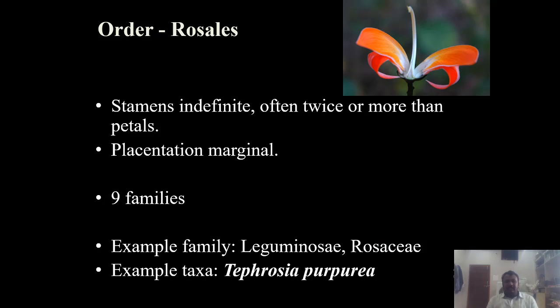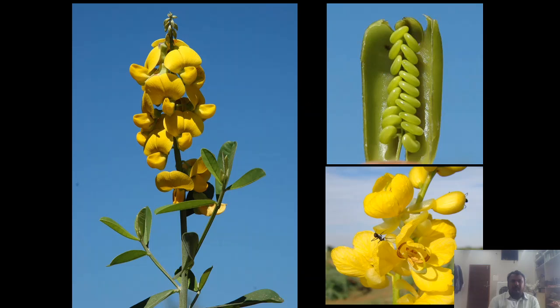Example, Leguminosae and Rosaceae. Tephrosia purpurea is the common example for this. Here we are seeing Butea monosperma flower. Now we can see that in the leguminous member, Tephrosia retusa, all the ovules are arranged at one place. This is marginal placentation.